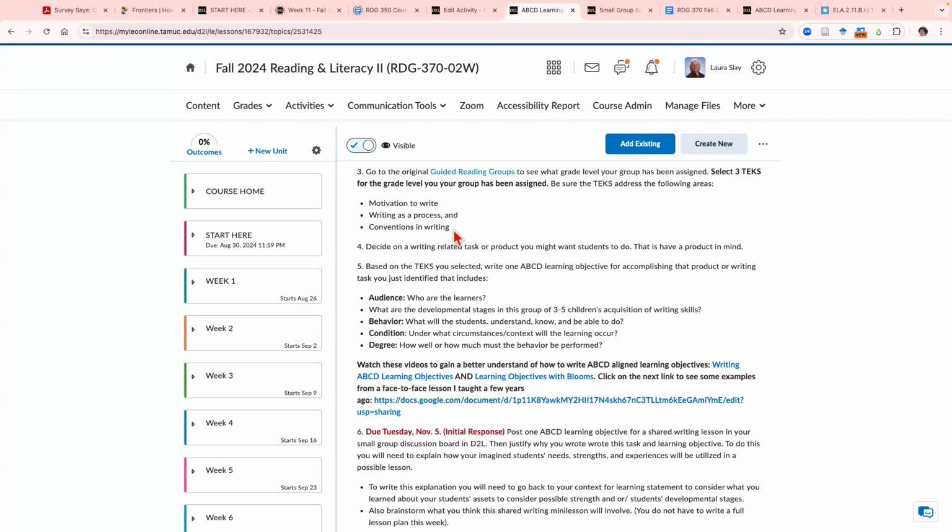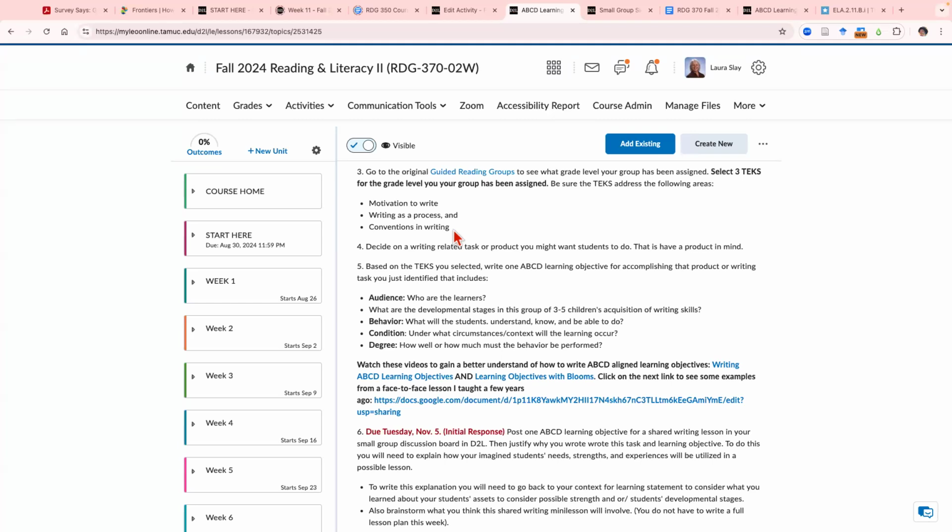There is no TEKs for motivation to write, and yet it's kind of all the way across. It's part of the process and the other decisions that you make. You are probably going to be doing something with purposes for writing. You might be doing something with developing a piece of writing that is in response to a text that you're reading.